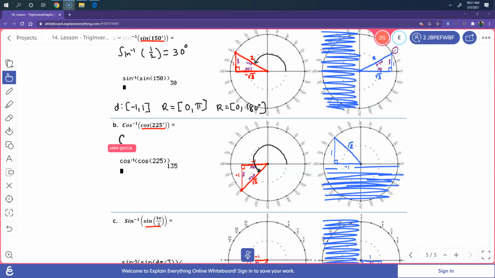So you're going to write inverse cosine, and we have -1 over square root of 2. So what's going to come out? You are going to get 135 degrees, because you're not going to get 225, because remember, since our domain is restricted between -1 and 1, what you get out of the inverse function is the degree that is restricted from 0 to 180. So that's how you're going to get 135.